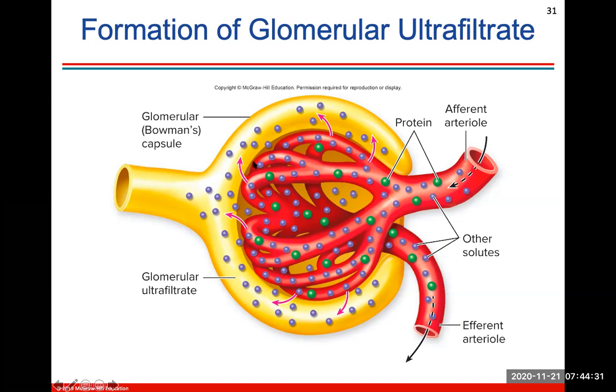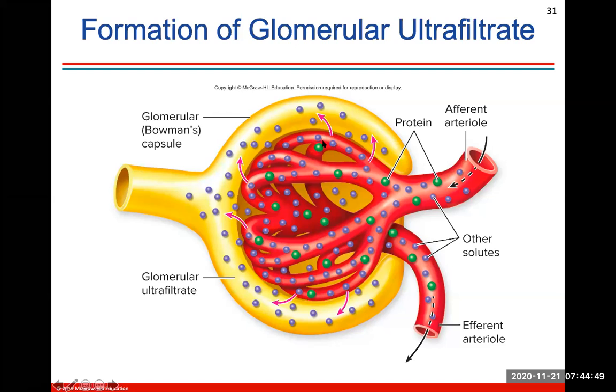So again, here's a look at the glomerulus. The afferent arteriole brings the blood in. You can see here the proteins in green are too large to get through those filtration slits. So again, if you find protein in your urine, that means there's a problem at these filtration slits.